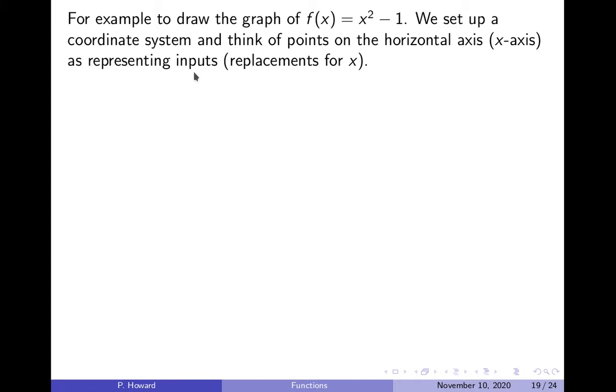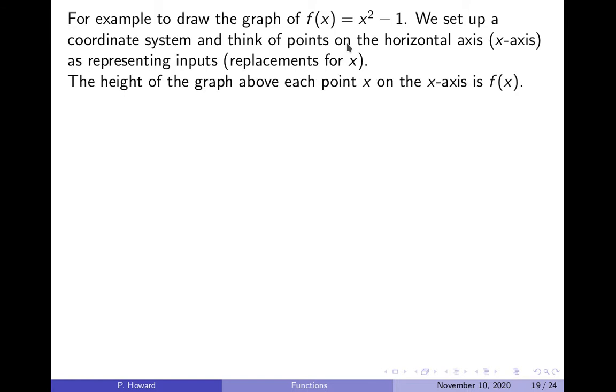So the points on the horizontal axis are the replacements for x. And then the height of the graph above each point x on the x-axis will be f of x. So the height of the graph above an input number will be the corresponding output.